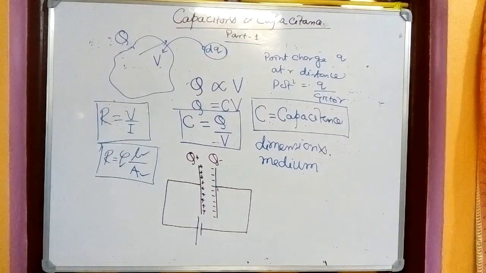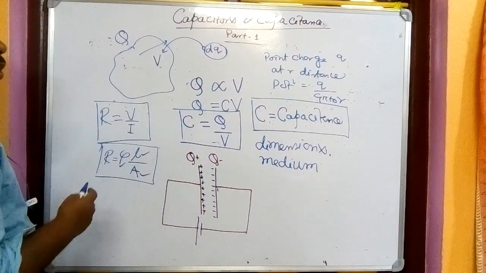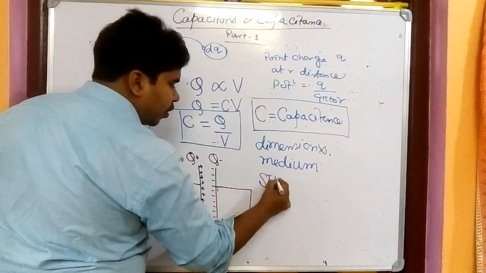That means, in short, it depends on the dimensions of the conductor. We can calculate the resistance from potential and current, but it depends on the dimensions of the conductor. Similarly, we can find the capacitance by taking the ratio of charge and potential, but it depends on the dimensions of the conductor as well as the medium where the capacitor is kept. Now I'll make it clearer. As we have got capacitance, I can find the SI unit of it.